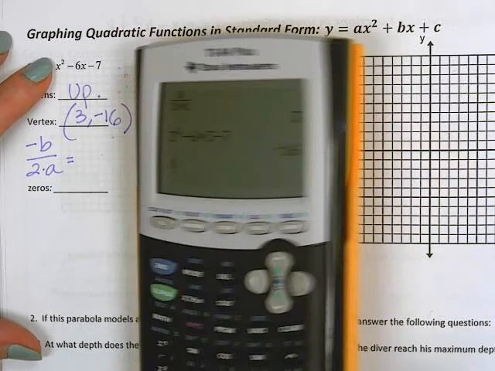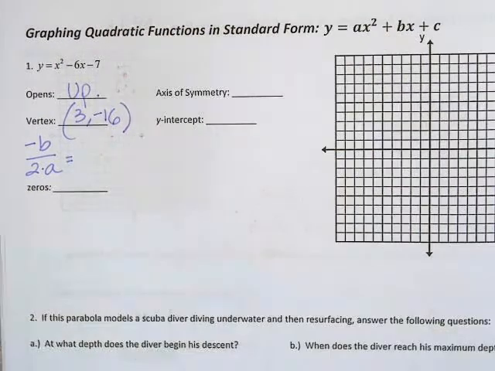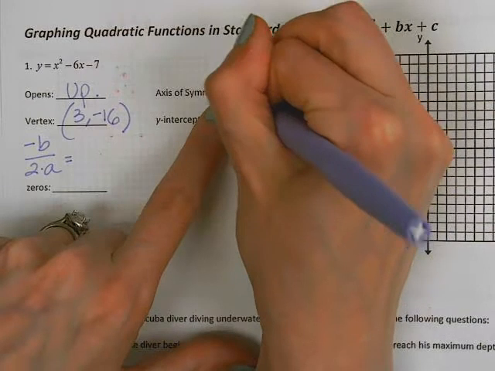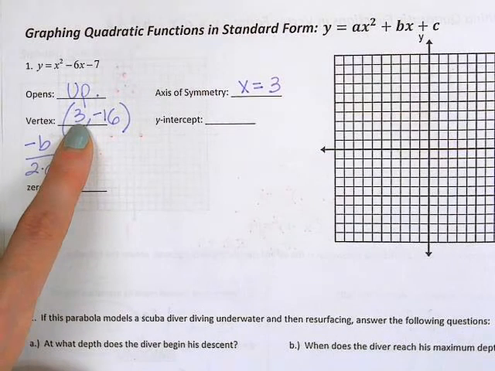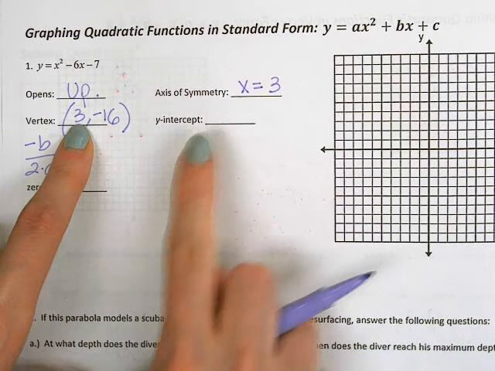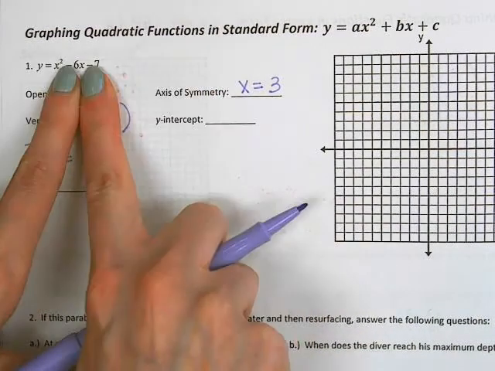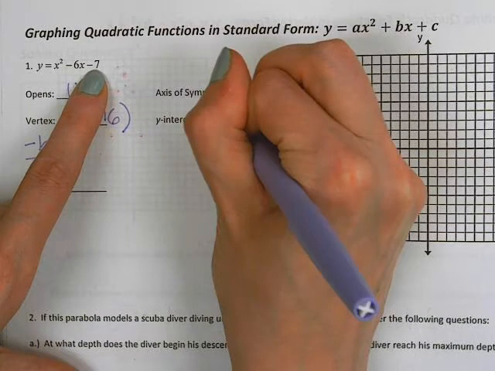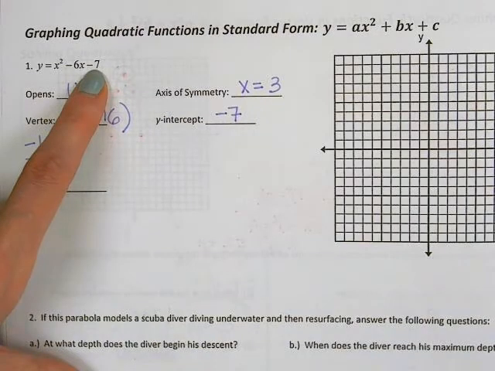And that's not great for our graph, but it'll have to do. Line of symmetry is always the first number of the vertex, so x equals 3. And for the y-intercept, you plug in 0, or if you know the trick by now, it is always c if it's in standard form.